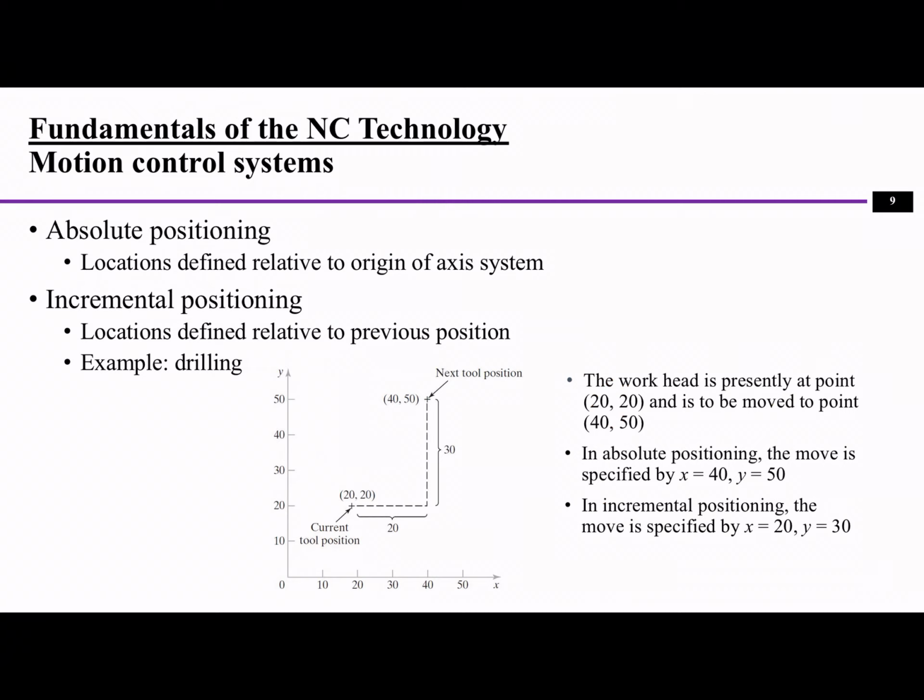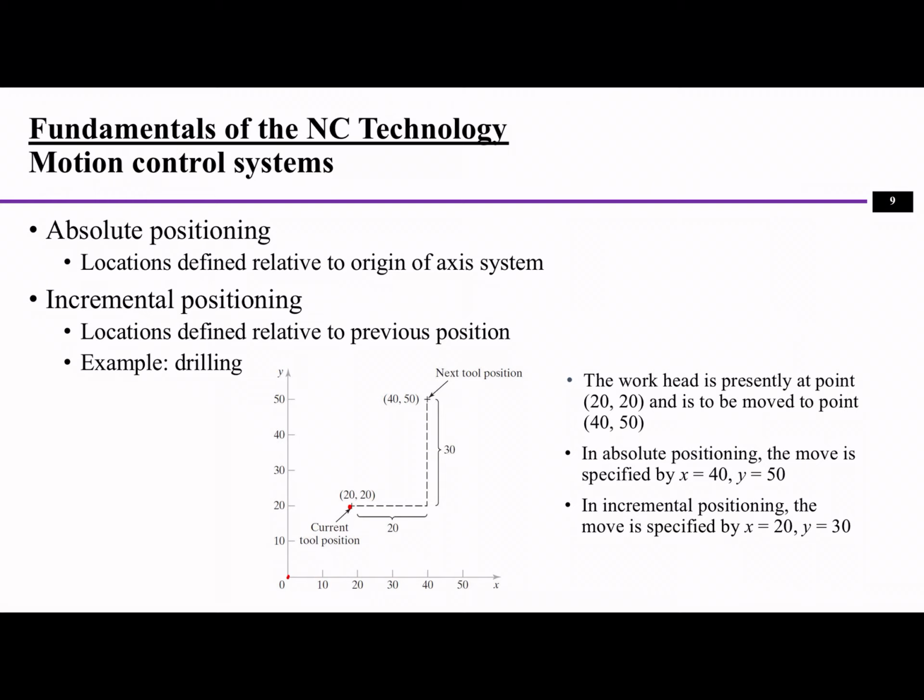When positioning the tools, there are two different positioning systems. One is absolute positioning, and the other is incremental positioning. Absolute positioning means we use the absolute values of the point in this axis system. For example, this point is (20, 20), relative to the origin point (0, 0), right?